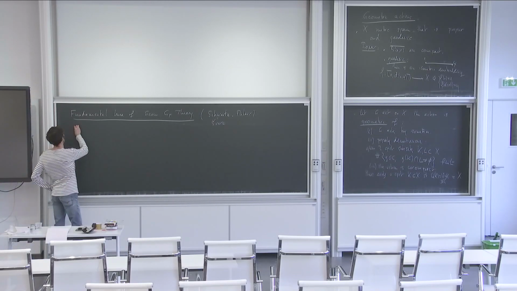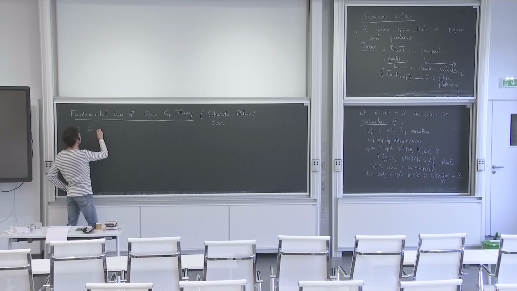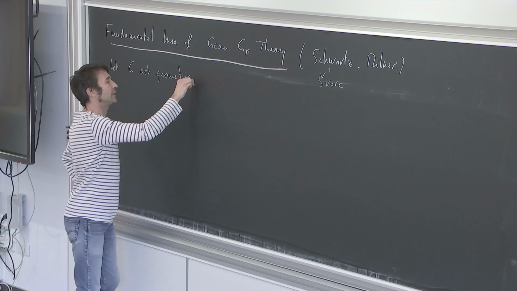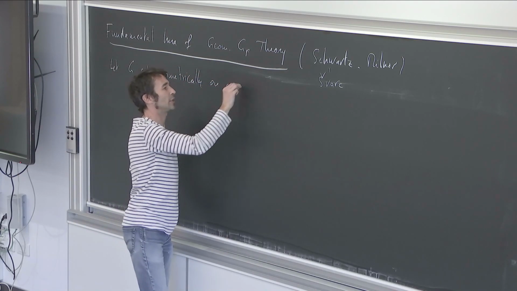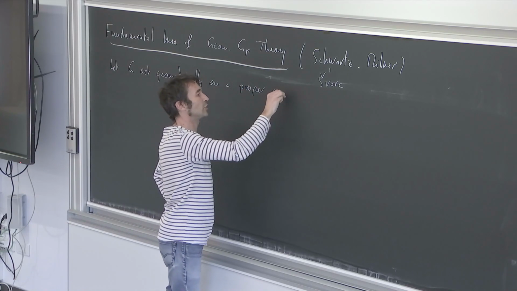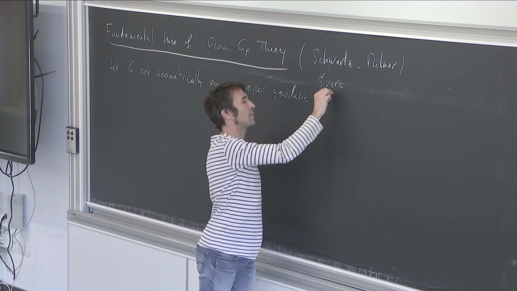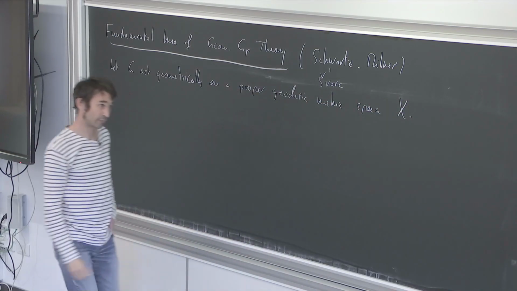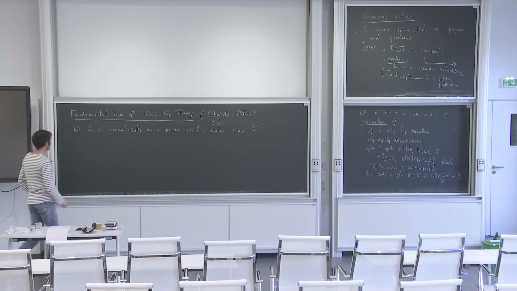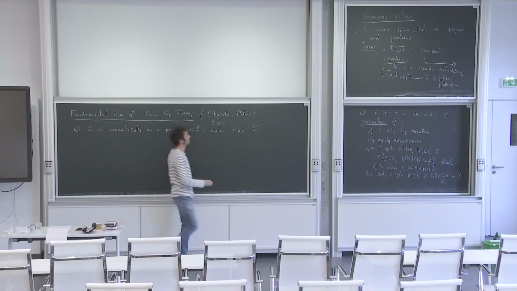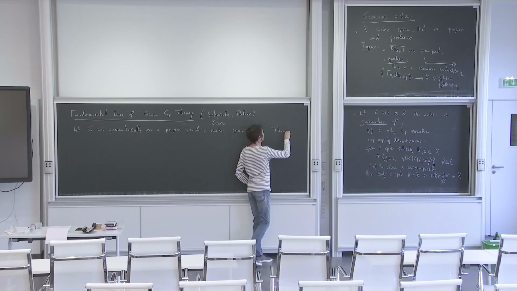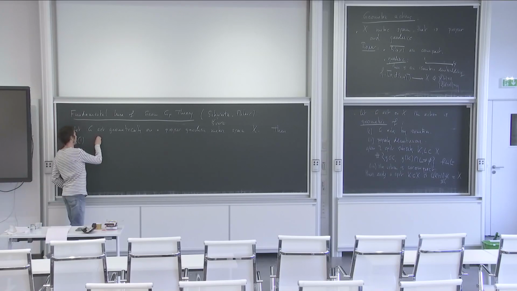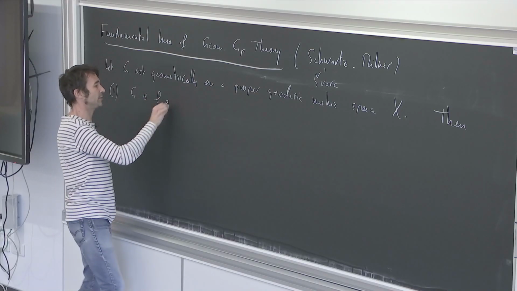So let G act geometrically on a proper geodesic metric space X. Then, first, G is finitely generated.